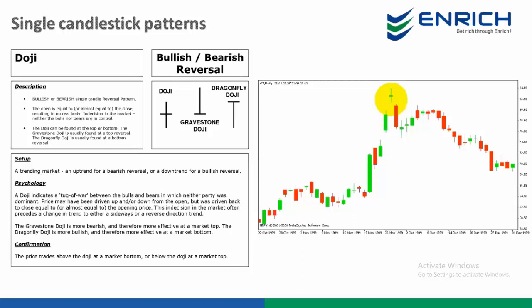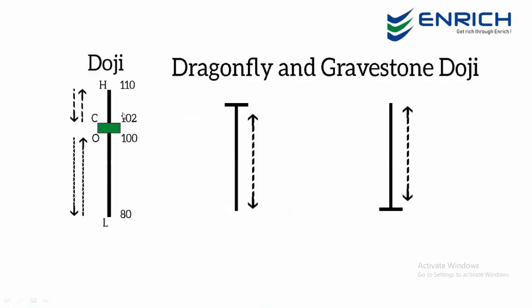So let's move on to the types of candlesticks. We start with the doji. Have a look here. A doji basically has a very small body, but it has a really long shadow or wick. Now, a doji shows you the market is indecisive, meaning there are no winners here.